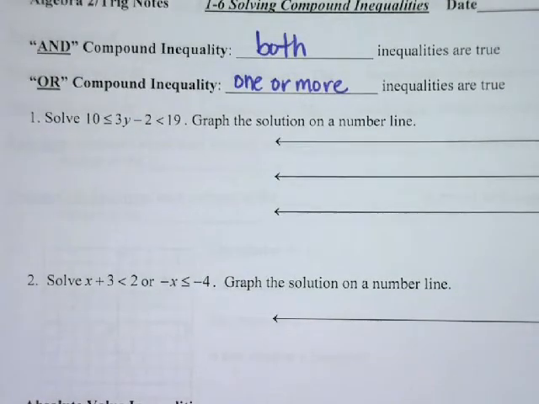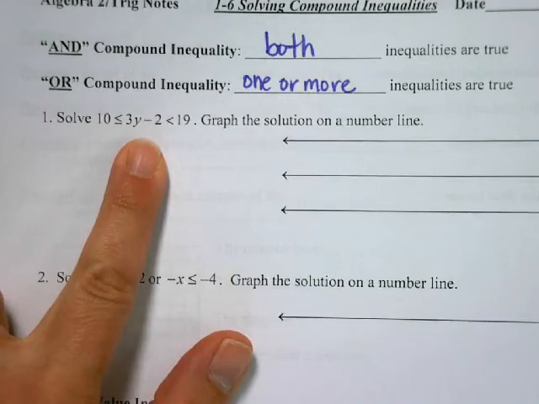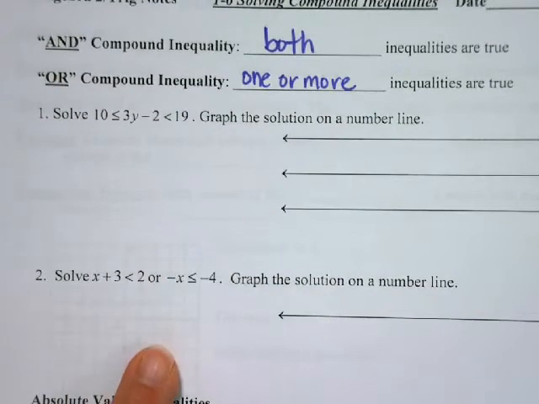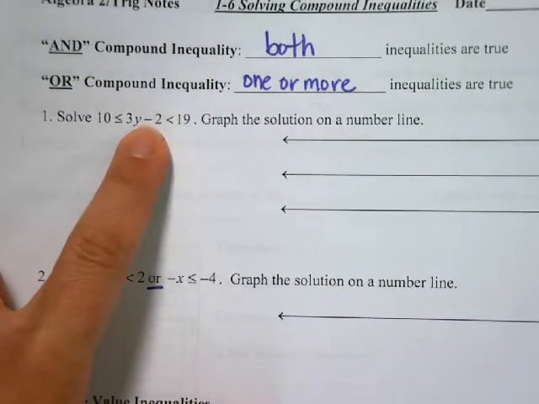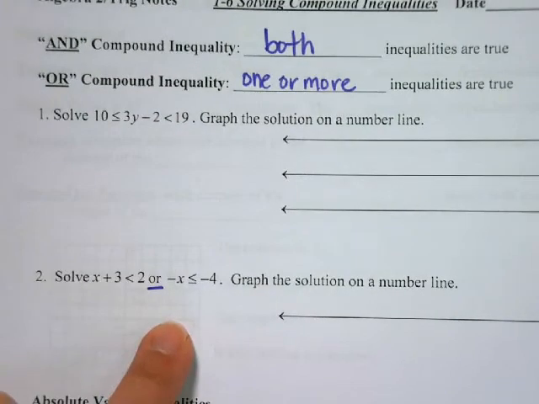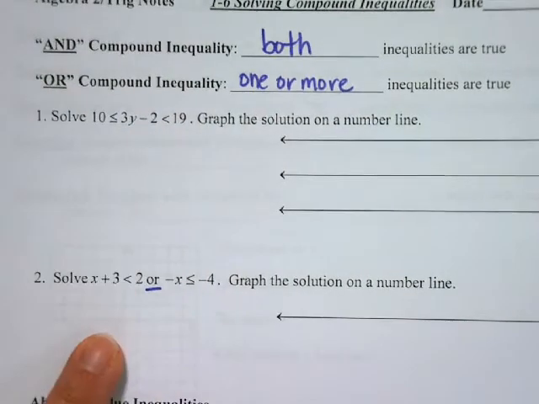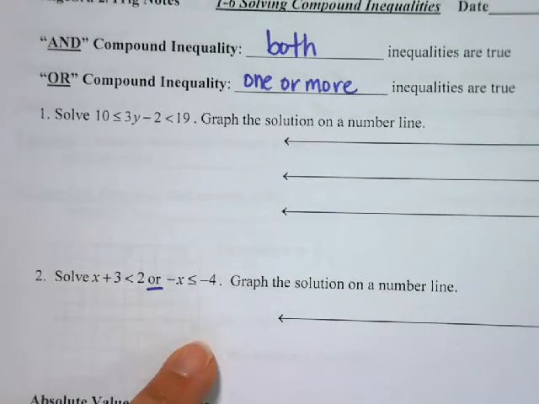And you're going to say, how do I know if it's an and or if it's an or? Look at number 1 compared to number 2. It actually says the word or, right? This guy has 2 inequality symbols written all together at once. That guy's an and and this guy is an or. Both of these are true. One of these or both of them are true. Does that make sense?